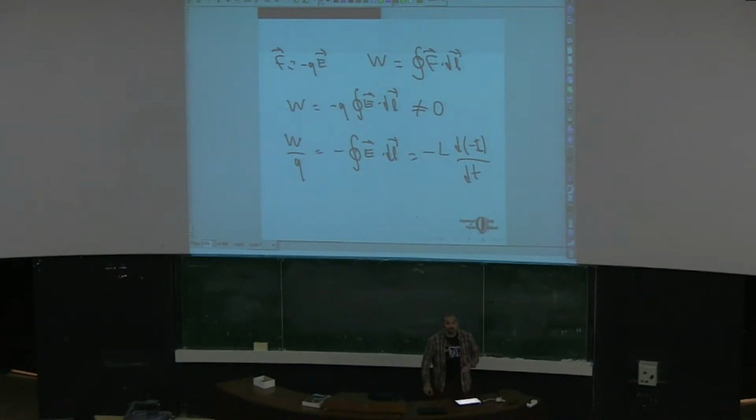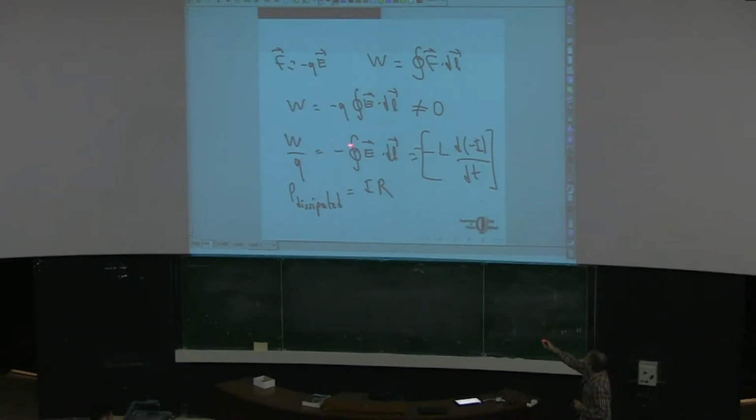Now, this is the work that we do, but this work has to be dissipated somehow. And how much energy is dissipated per unit charge? It is just I times R. This is the amount that we have dissipated. Sorry, we have another minus sign. Now, what are all these minus signs?